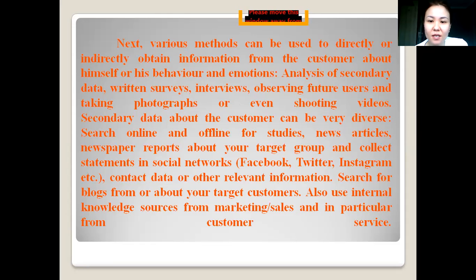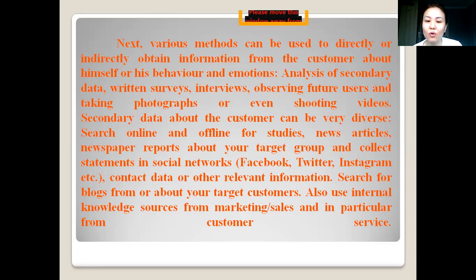Next, various methods can be used to directly or indirectly obtain information from the customer about himself or his behavior and emotions: analysis of secondary data, written surveys, interviews, observing future users, and taking photographs or even shooting videos. Secondary data about the customer can be very diverse.